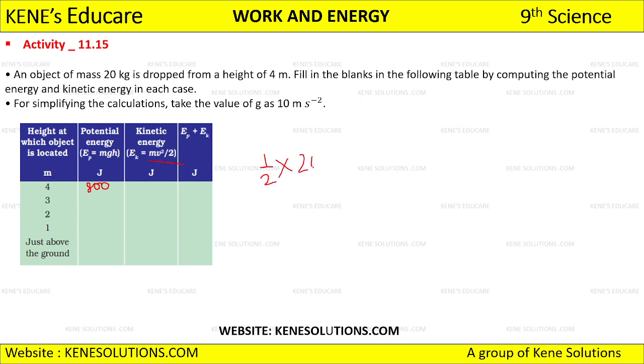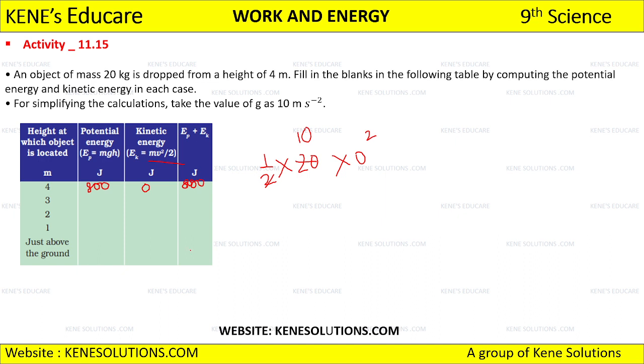And what is v? Well, initial velocity is 0, so 0 square. So what will be your answer? 10 into 0 is 0. So your answer will be 0 joule. So when you add 800 plus 0, you get the answer as 800 joule. Got it? So this is how you need to do.